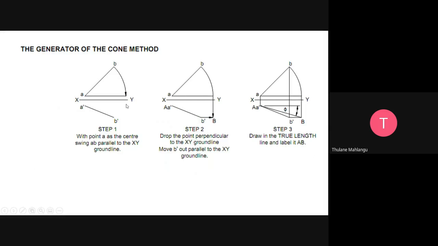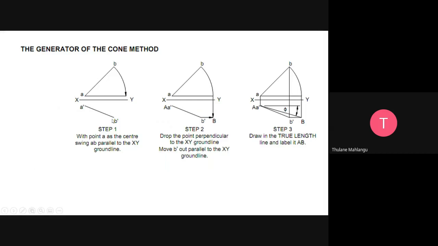You drop this point down. The new B that you just created there, you'll drop the point down, like in the second explanation there. Step 2 says drop the point perpendicular to the XY ground line, move B prime out parallel to the XY ground line.